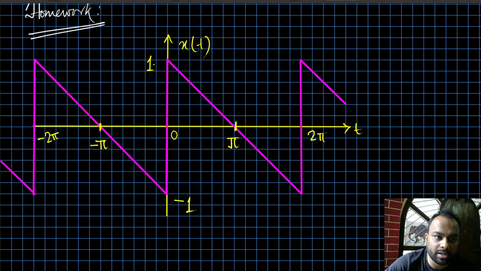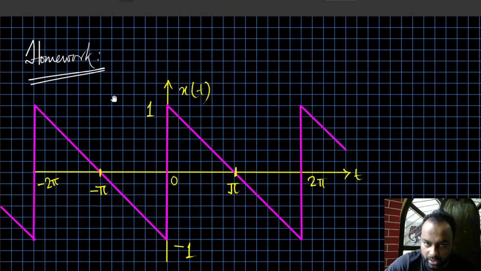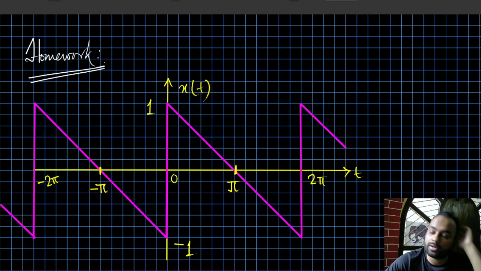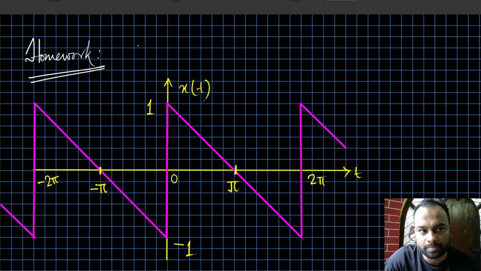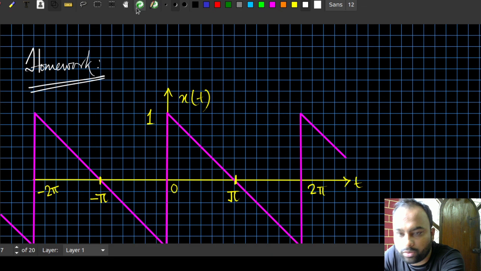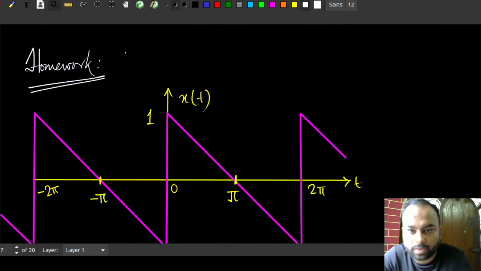We shall discuss the convergence of Fourier series later on. We shall actually discuss the Dirichlet conditions later on while discussing the Fourier transform. So your question for this homework problem is this.